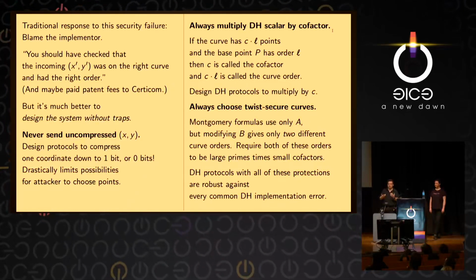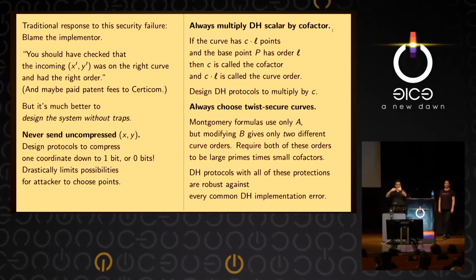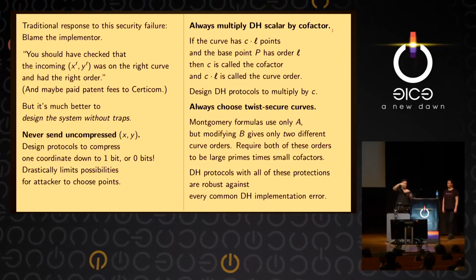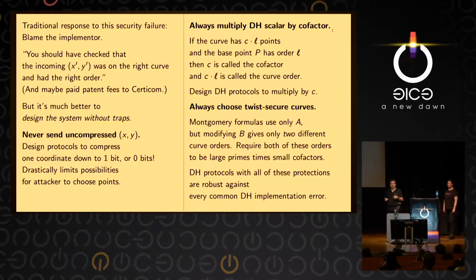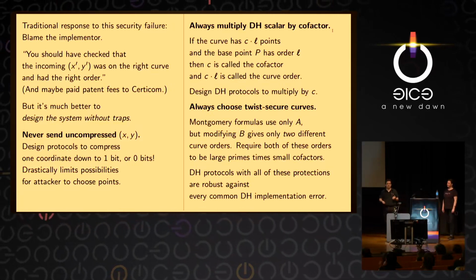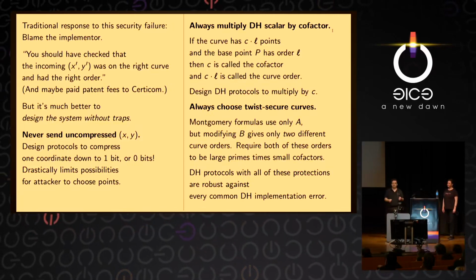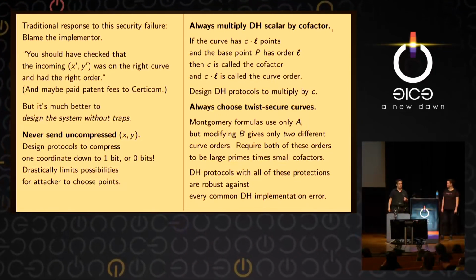The curve designer can make sure that both of those are secure. Both of those have these big primes: an L and a sibling L, and a small cofactor, and another small cofactor. If the curve designer chooses one of these twist secure curves, then the attacker has no flexibility left to fool you. The attacker won't get any information about your secrets A and B.